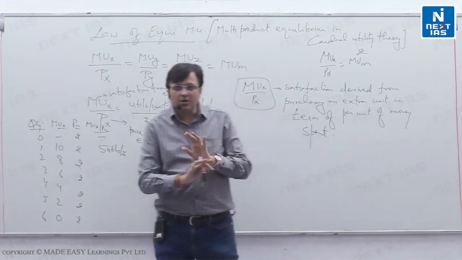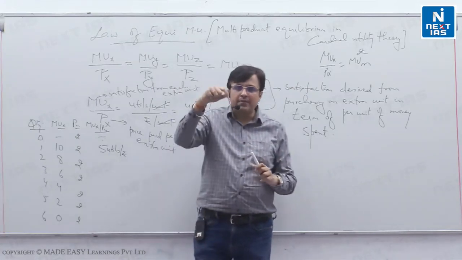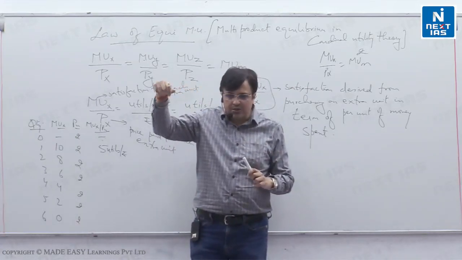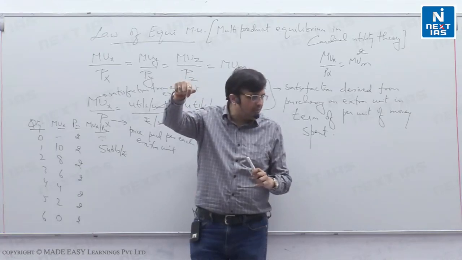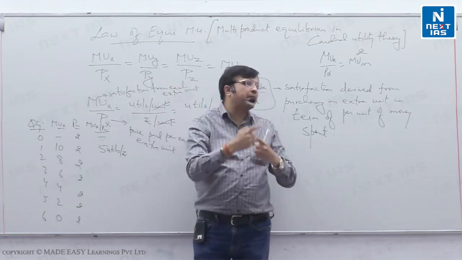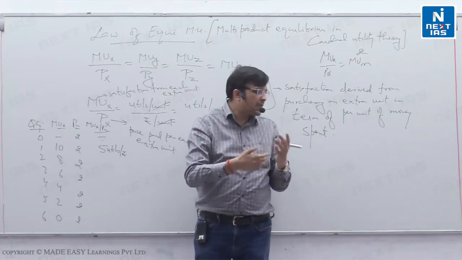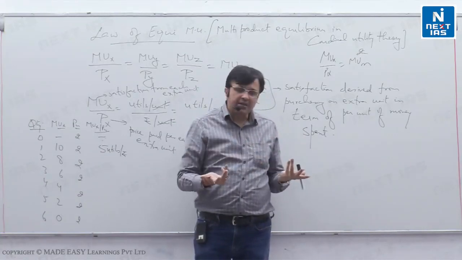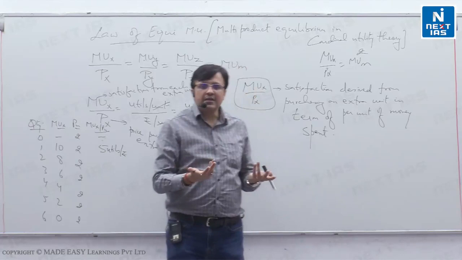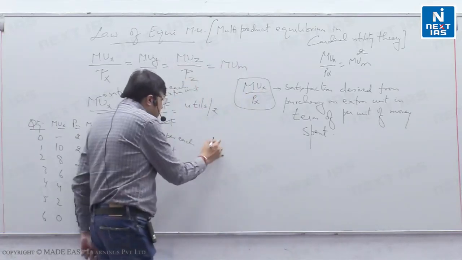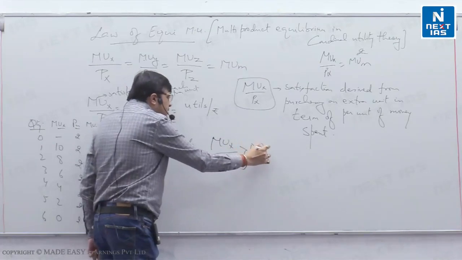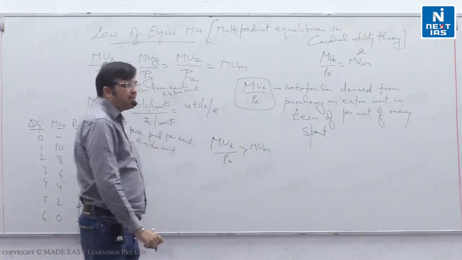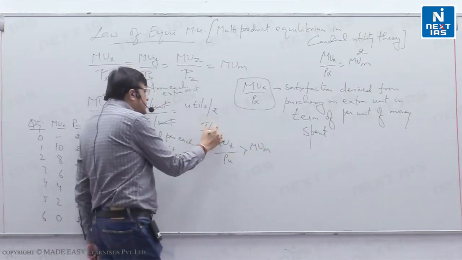So there is no difference between talking about an MUX upon MUM equals PX or talking about an MUX upon PX equals MUM, apart from the interpretation. बस interpretation करने का तरीका बदलता है, बातें वही हैं. As long as MUX by PX is greater than MUM, more X will be bought.